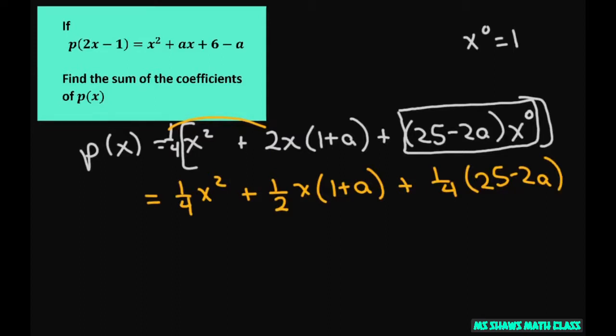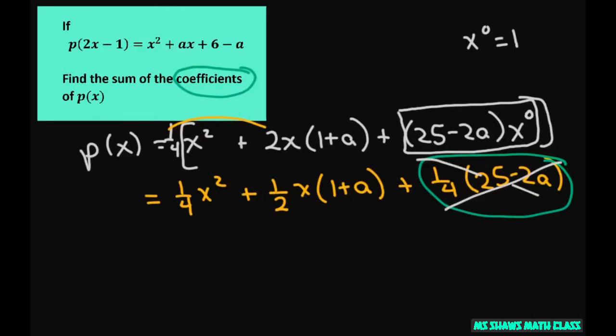All right. So we distributed the 1/4. Now, the only thing we have to do, now this is a constant. A constant is not a coefficient. So we really don't have to deal with this. We can cross this out, because all we need is the coefficients. So now all I have to deal with is this.